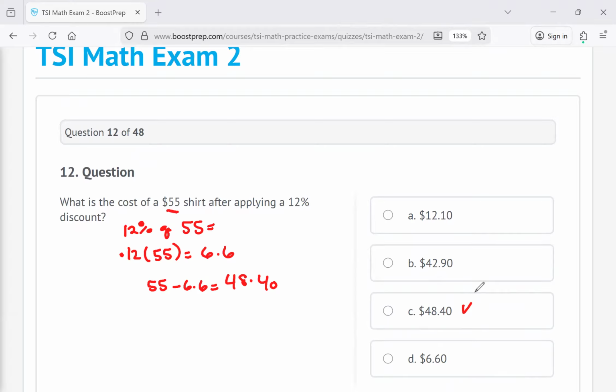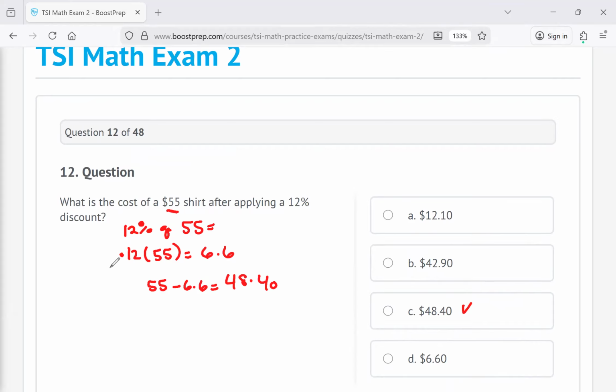I'm just trying to think if there is another way we could do this. No, I think that's fine.